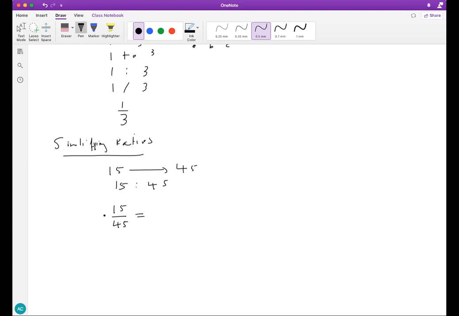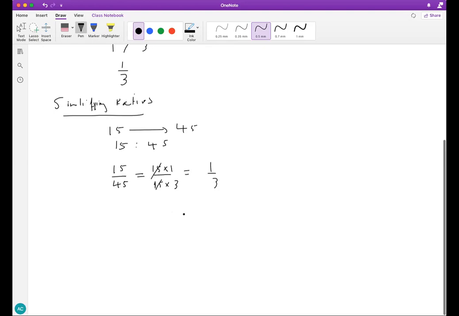If we simplify this, we're going to end up with a much easier to understand ratio. For example, we can reduce this by 15. This is 15 times 1. This is 15 times what? What is 45? 15 times 3. That's right. Then we cancel these out. We end up with 1 over 3.